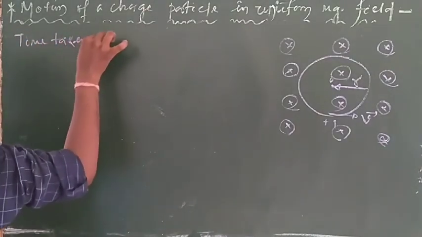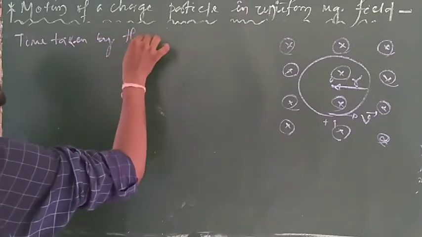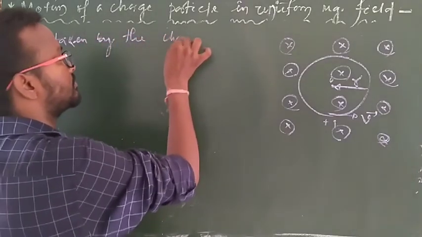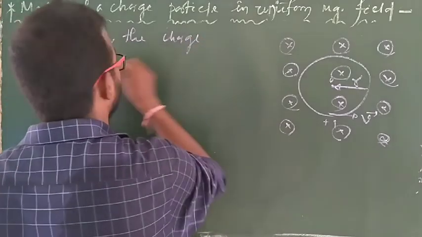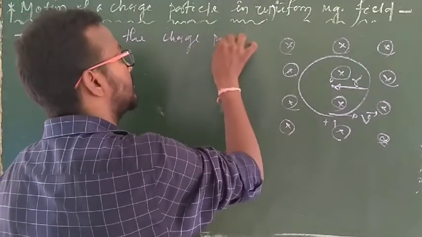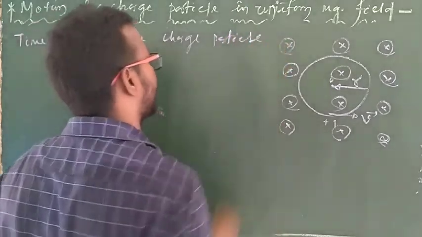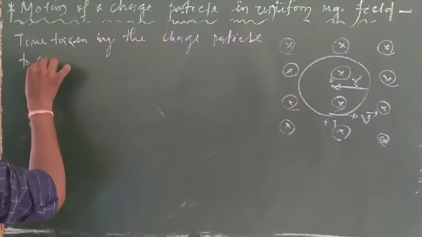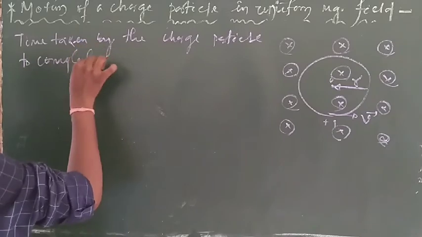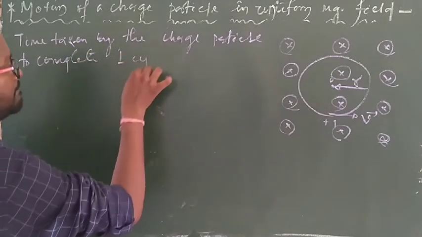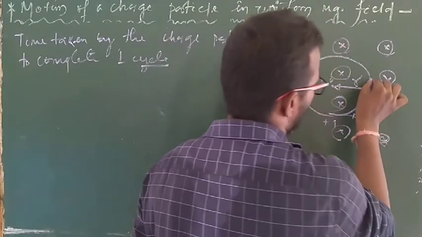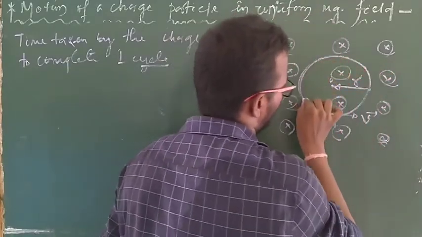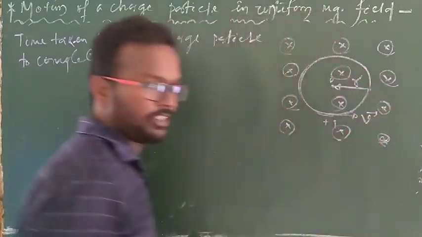Now we have to find the time period of the charged particle, the time taken by the moving charged particle to complete one cycle. To complete one cycle, we have to find the total time taken by the charged particle.